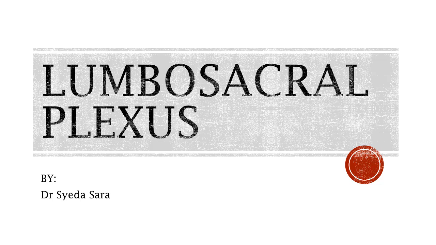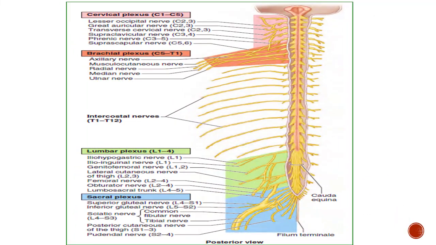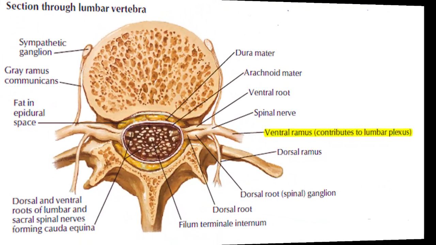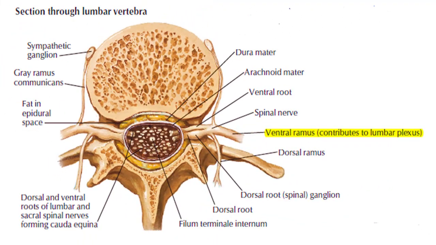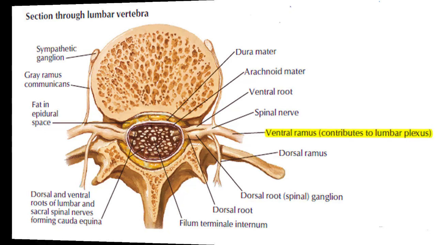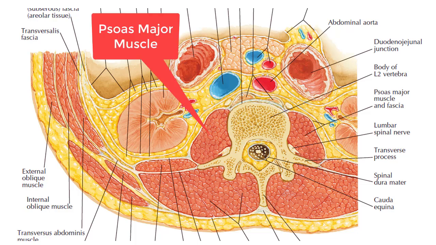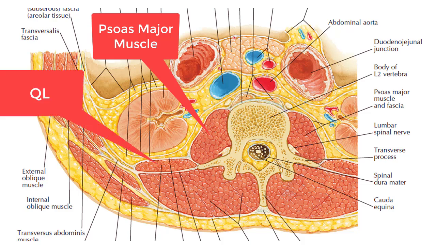As the name indicates, the plexus is a network of nerves, and this nerve network arises from the anterior rami of spinal nerves. After the anterior rami of upper four lumbar spinal nerves emerge from the intervertebral foramina, they pass into the substance of the psoas major muscle. Here these anterior rami give segmental branches, and these segmental branches supply the psoas muscle and the quadratus lumborum.